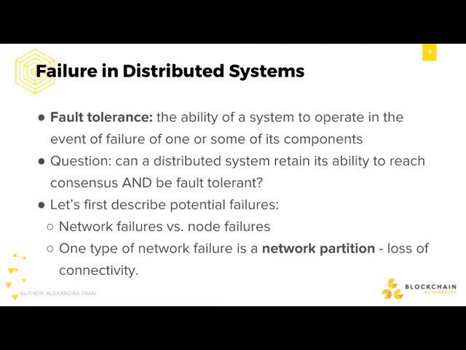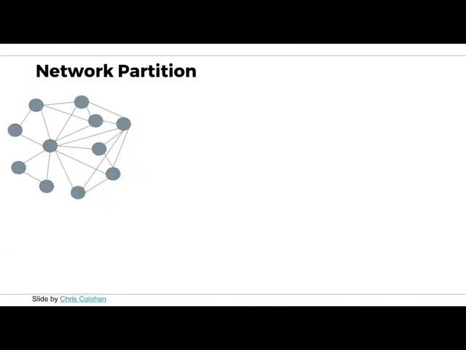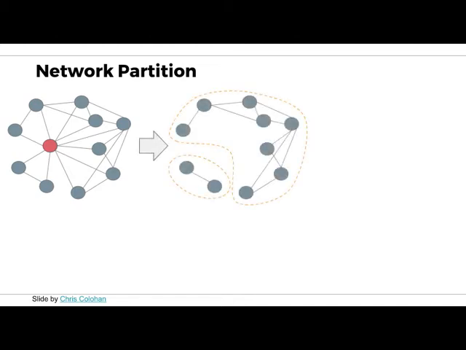The most generalized network failure that we can talk about is just a loss of connectivity or a network partition. Let's take a look at this just generalized distributed system with, I guess, arbitrary amounts of connectivity. It's a connected graph. And let's say that this center node will just fail. And what we get is a network partition.